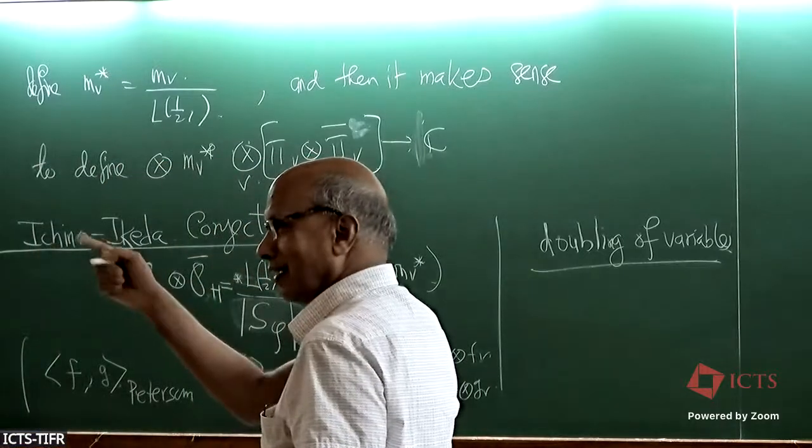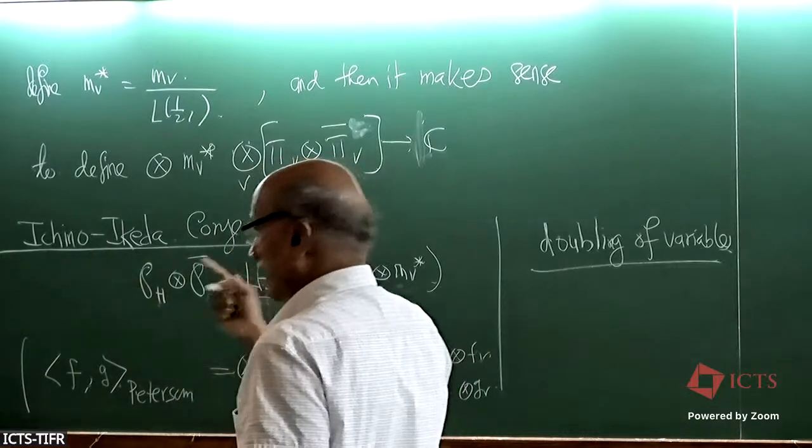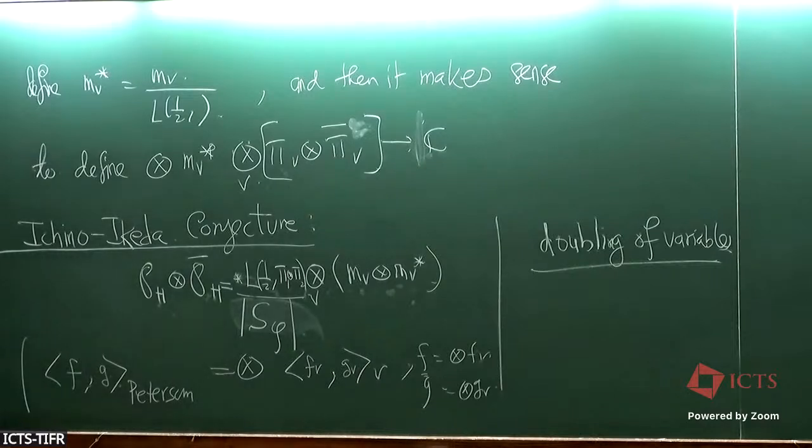I was in Jacques Lewin's lecture, and I was trying to relate that maybe for the adjoint L value, there is no absolute square there.